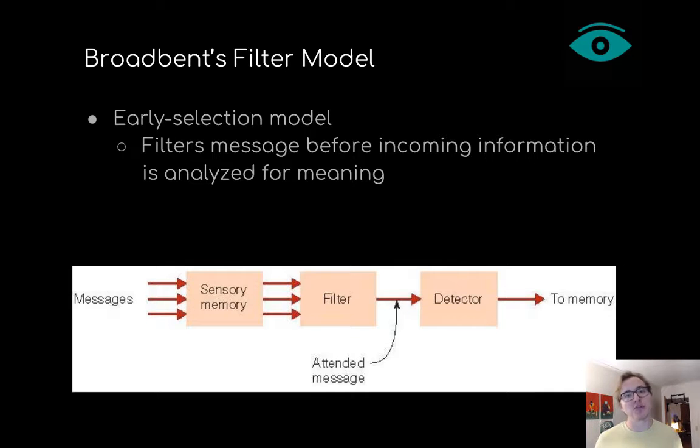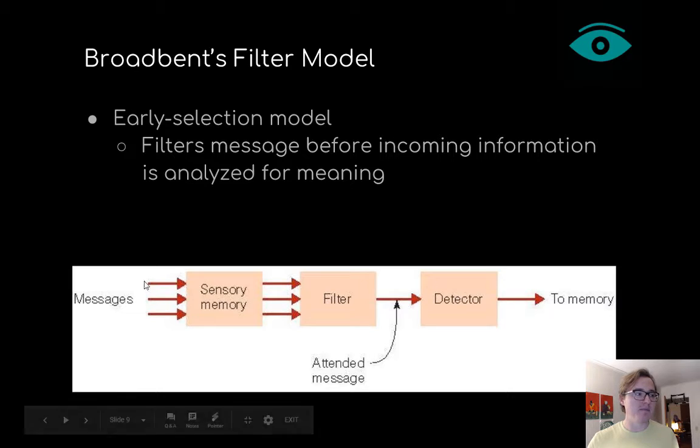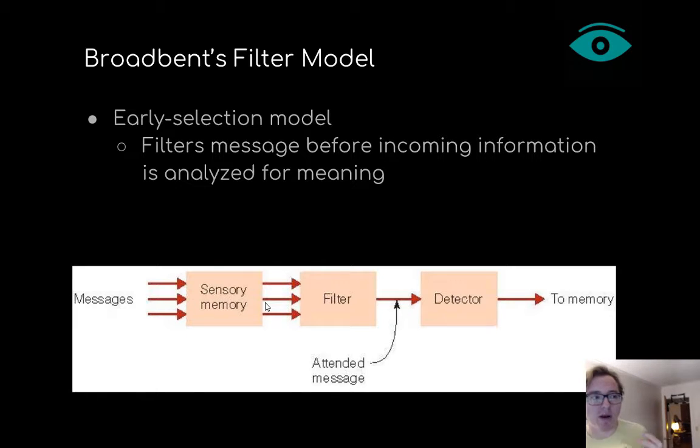So Broadbent's filter model focuses on this idea that a message comes in and goes through sensory memory, which can be kind of like a perceptual buffer where information is stored very temporarily, for a very brief period of time.